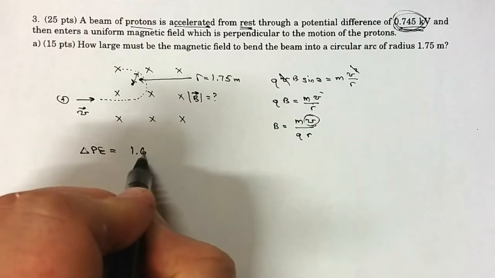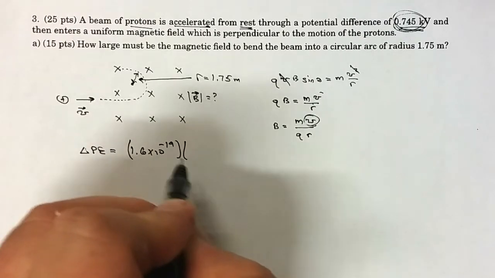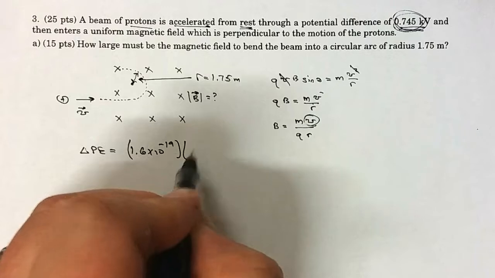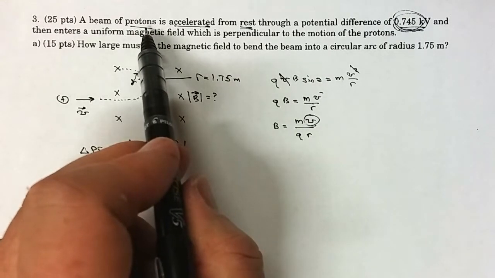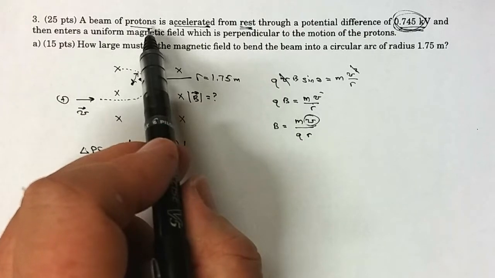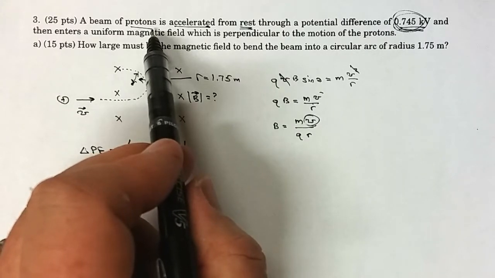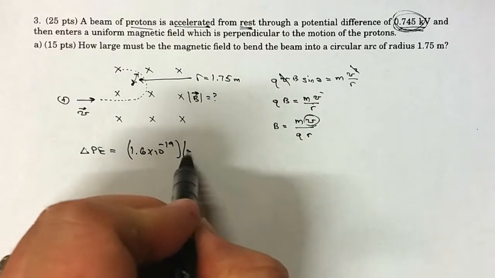Q is 1.6 times 10 to the minus 19. Delta V, well, now when you think about it for a minute, this proton is going to be accelerated in the same direction as the electric field. And since the electric field points toward decreasing potential, this change in potential should actually be negative.